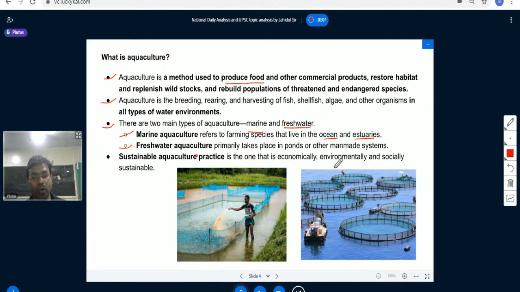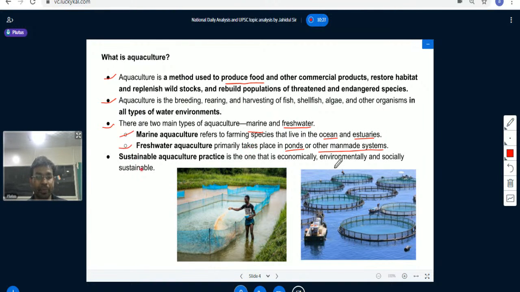Freshwater aquaculture primarily takes place in ponds or other man-made systems. In aquaculture, we are cultivating or farming living organisms.